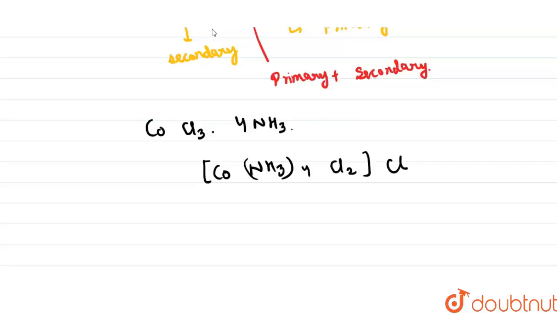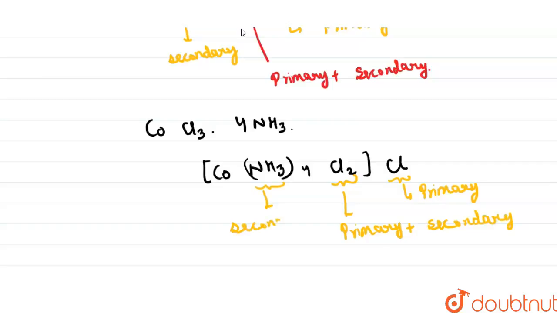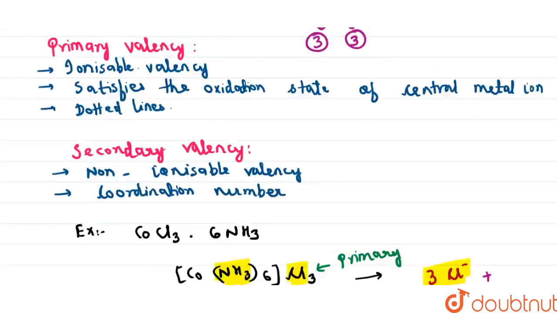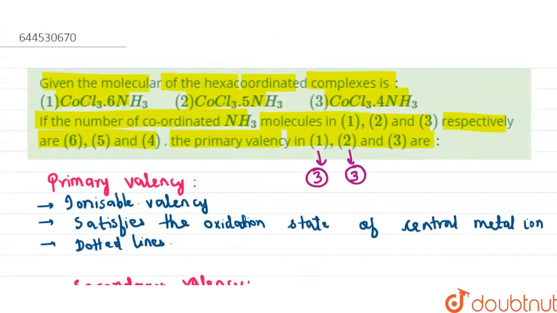Using the same concept, this is our primary valency, these are satisfying both primary plus secondary, and this is our secondary valency. So here also we have 3 as the number of primary valency. So these are the correct answers.